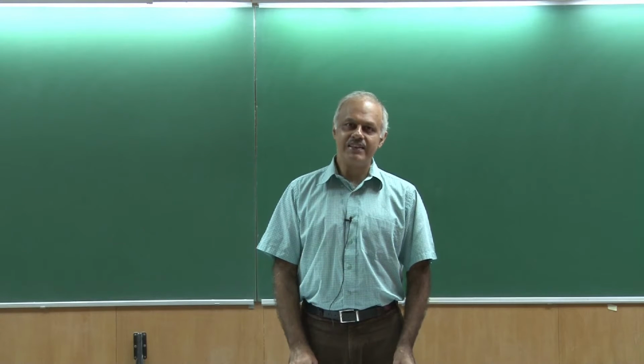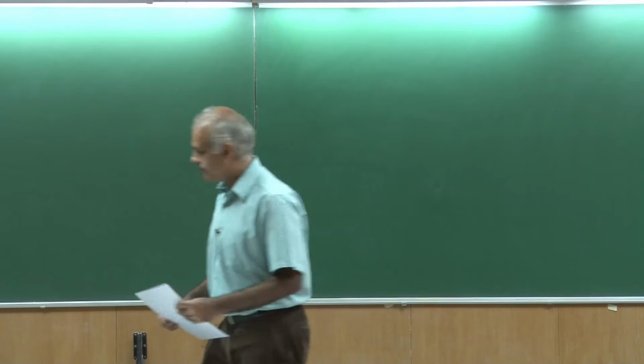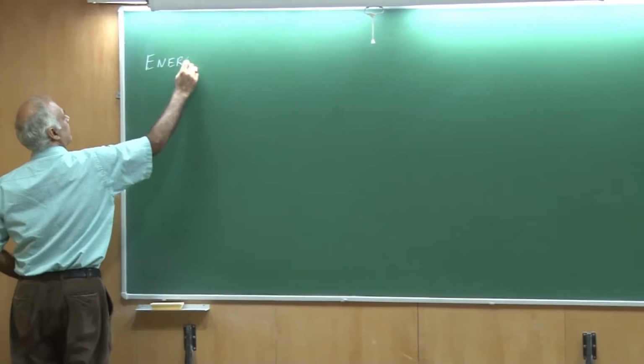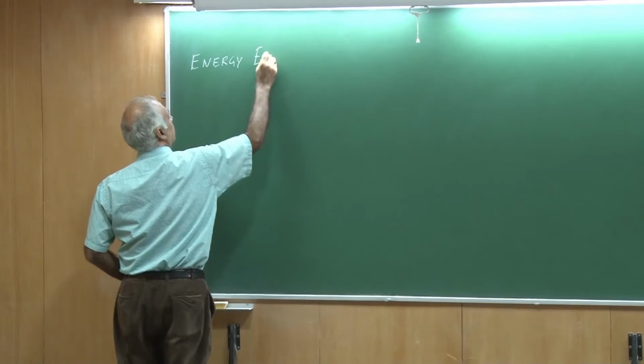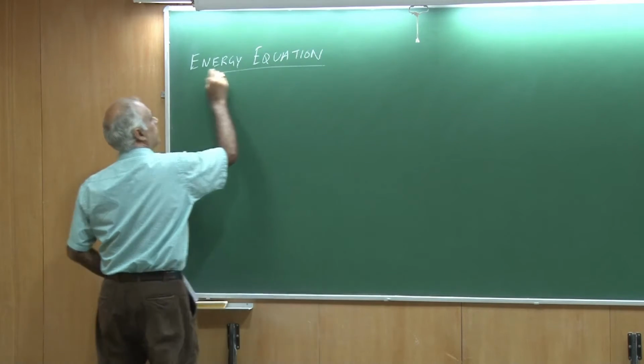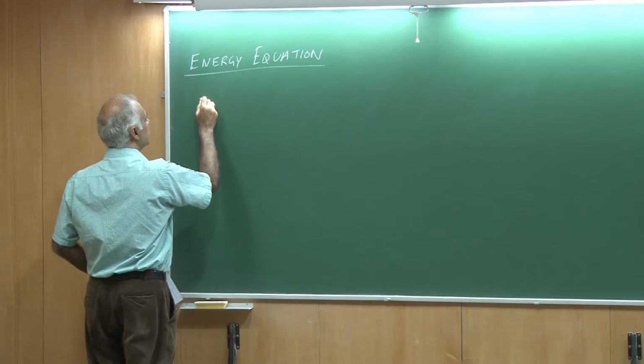We have been looking at the energy equation, and today we will continue with our discussion on the energy equation, and we will try to simplify it for certain special situations. So, let me recollect for you the control volume approach.